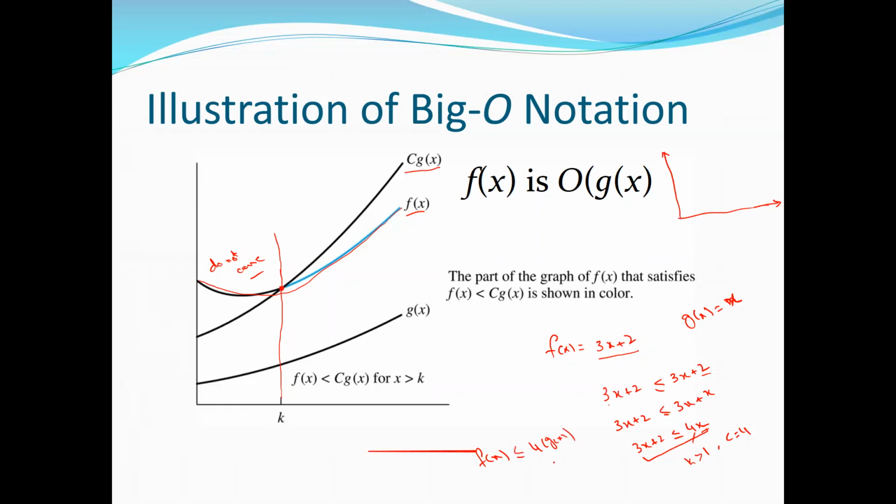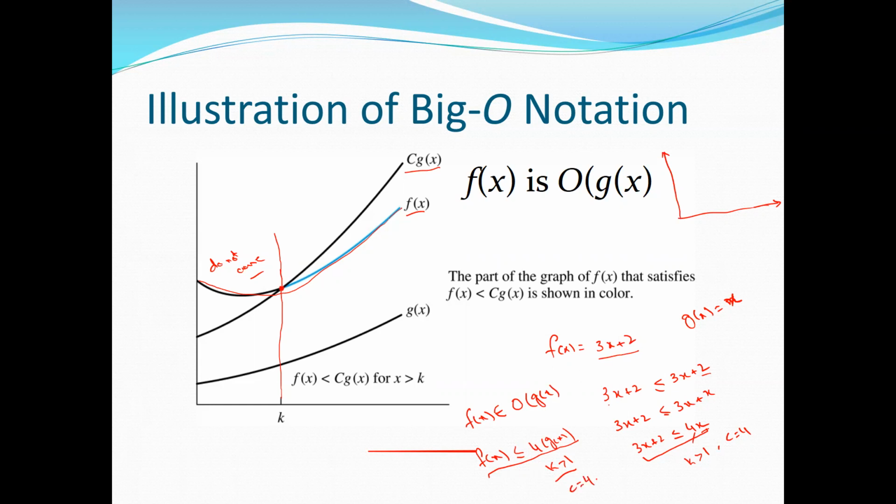For all k values greater than 1. So if this inequality holds at k greater than 1, I can simply say that f of x belongs to order of g of x at c equal to 4 and k equal to 1, right?